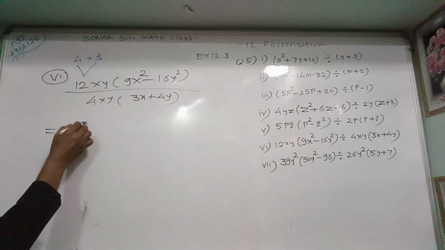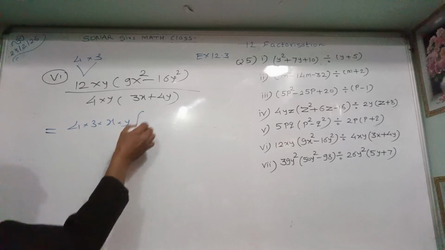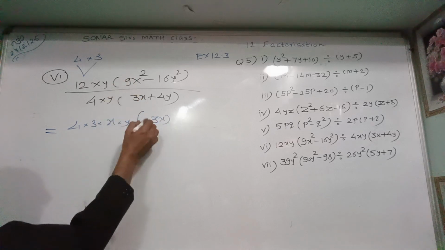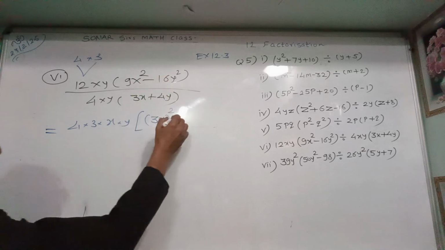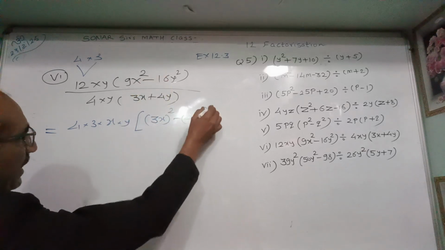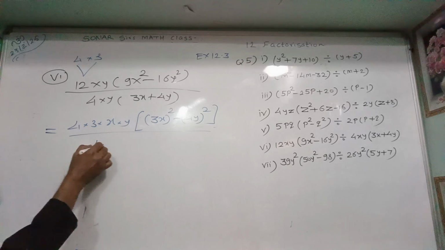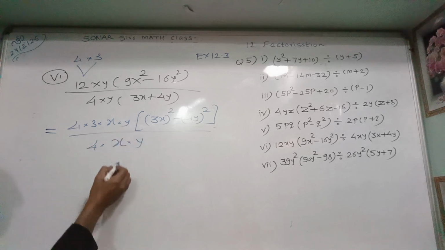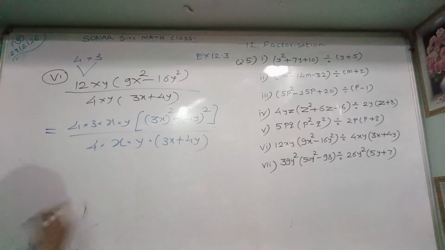We can split it up as 4 into 3 into x into y, and this term we can write as a perfect square, 3x in bracket square, and this as 4y in bracket square. In the denominator there is 4 into x into y into bracket 3x plus 4y.